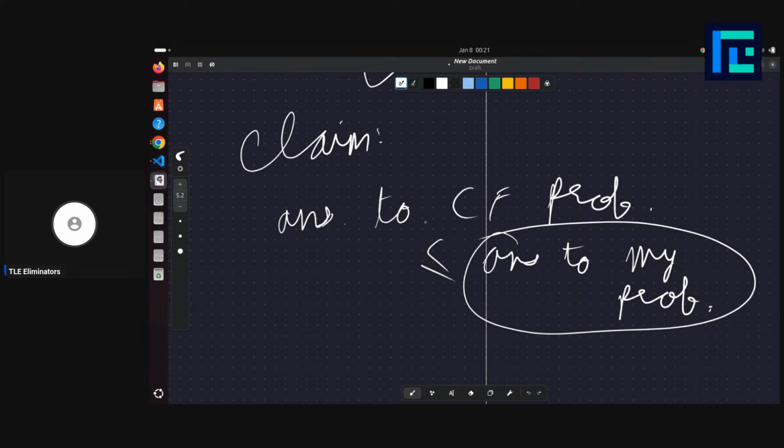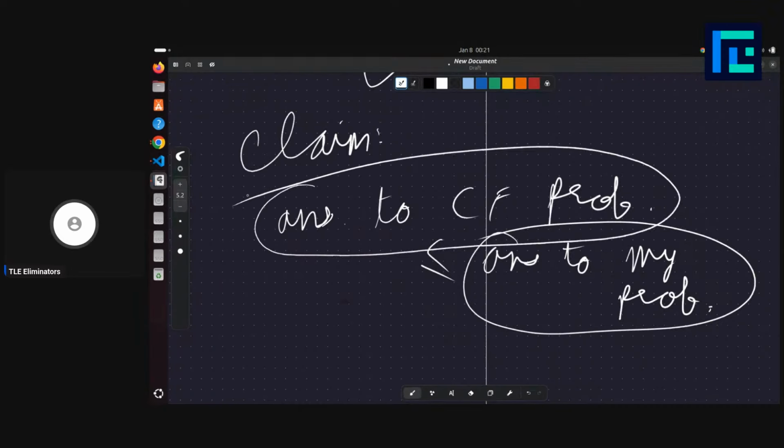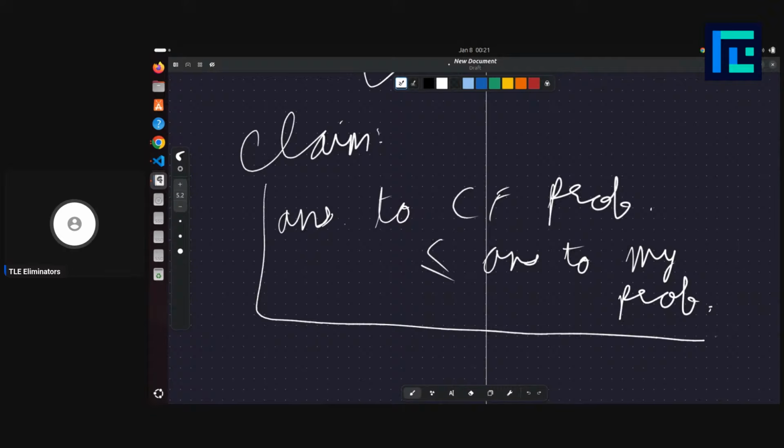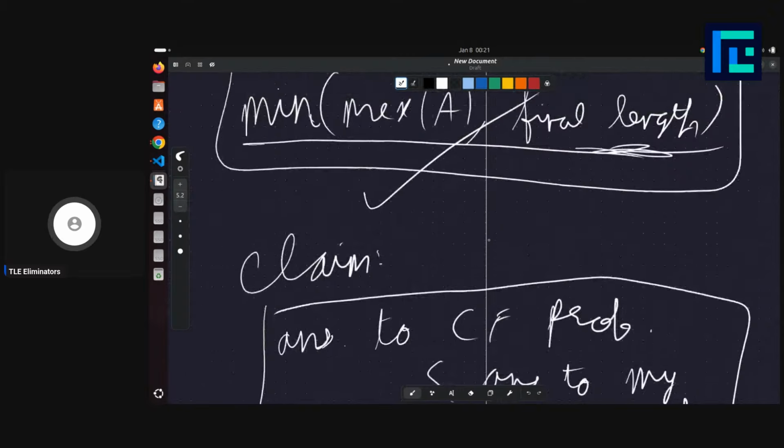That's always true. It can never happen that the answer to this one is better than the answer to mine, because in that case we could simply do the operations that they are doing. If they are deleting some indices and getting max equal to 4, then we can also get max equal to 4 by doing the same operation. So the answer to the CF problem is definitely less than or equal to the answer to my problem, and I know the answer to my problem.